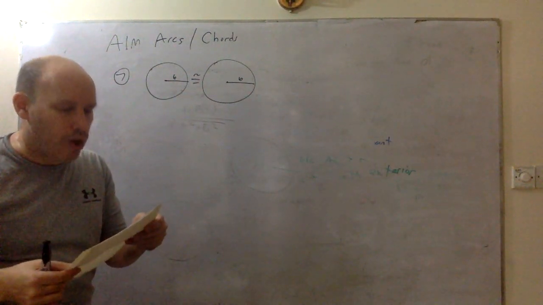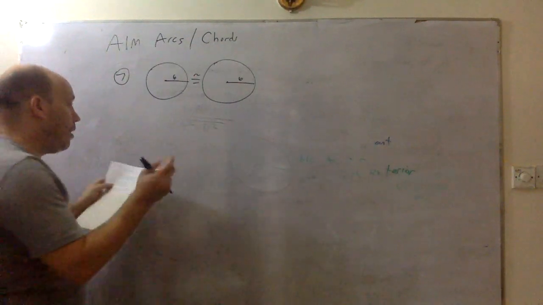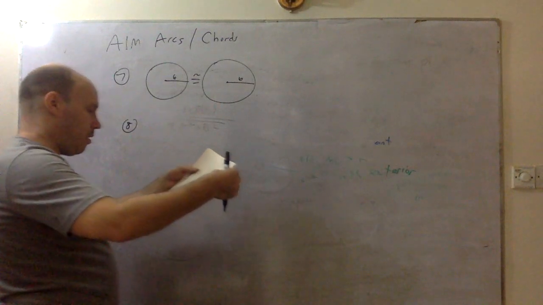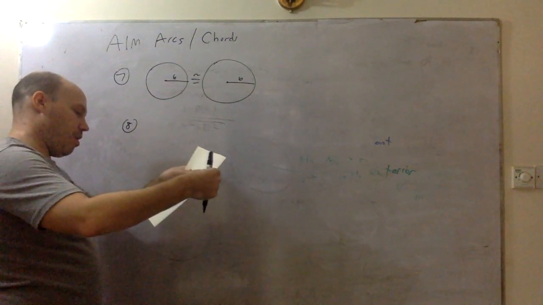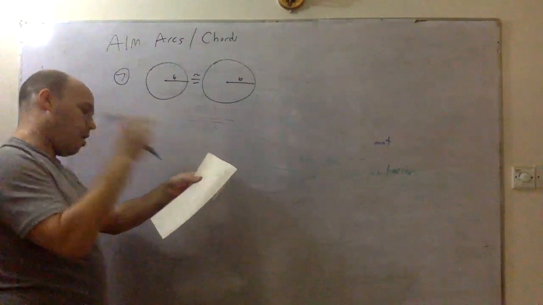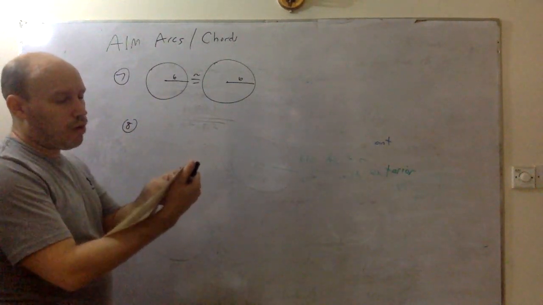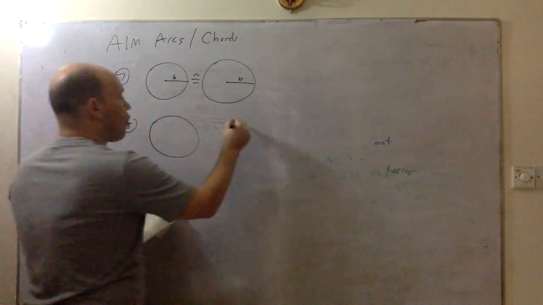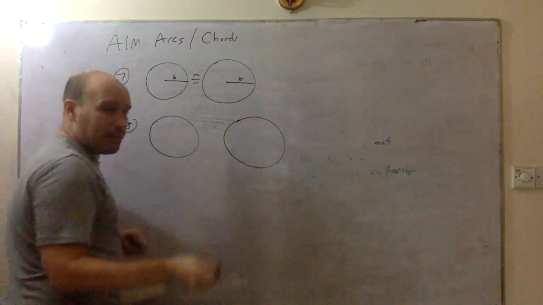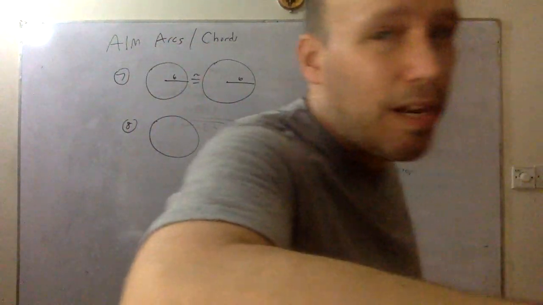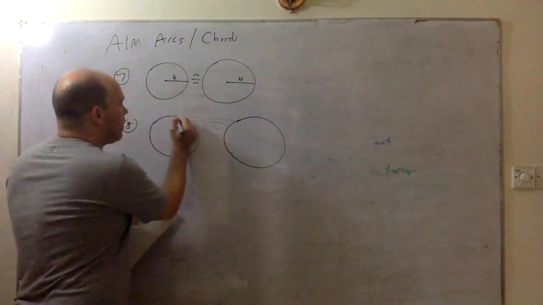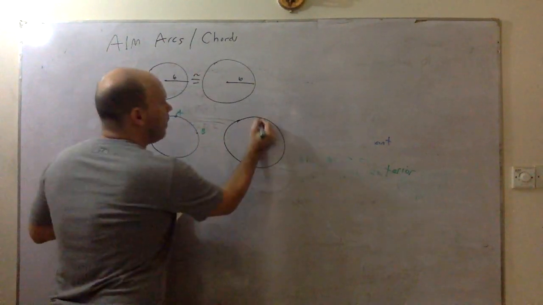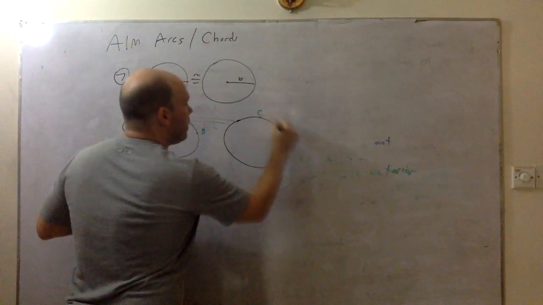Let's see, number 8. Congruent arcs have congruent degree measurements. Let's say that I have 2 circles here, and let's say that this is AB, and let's say that this is CD.